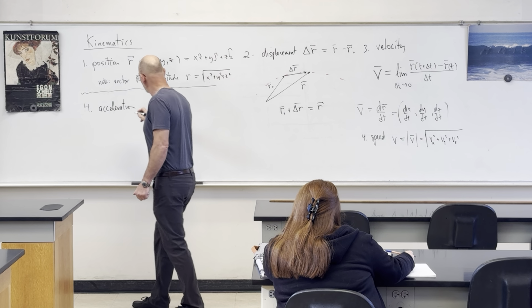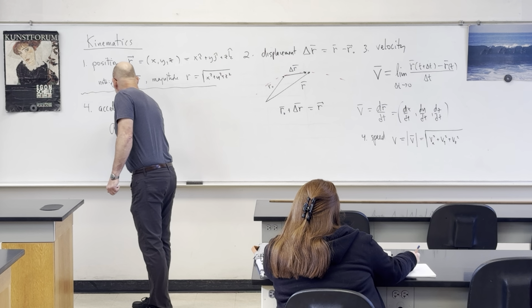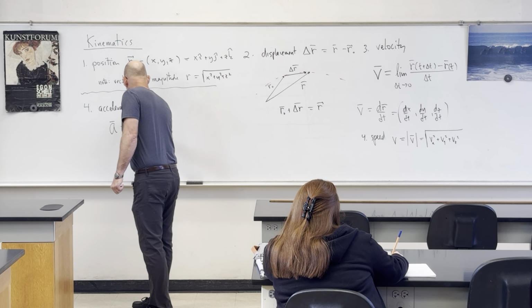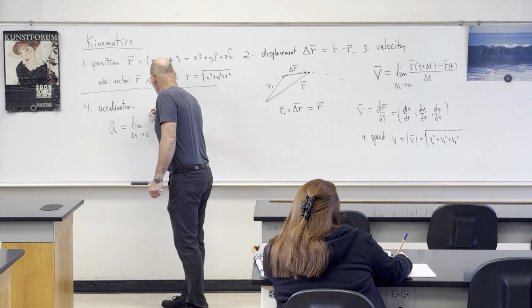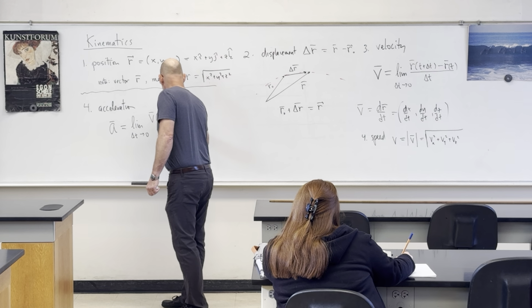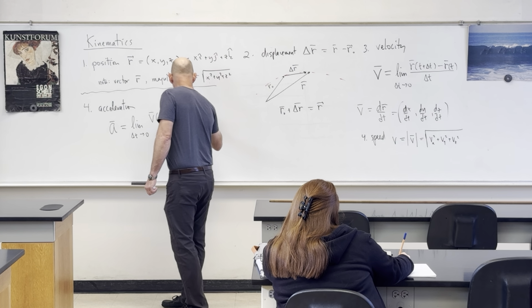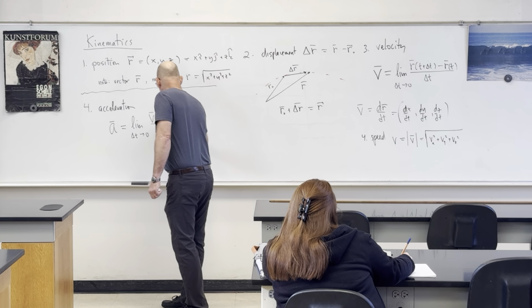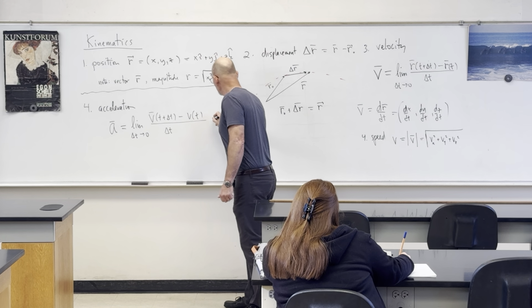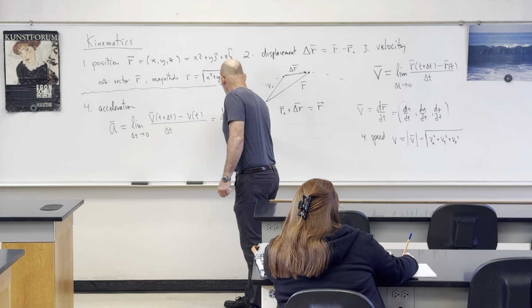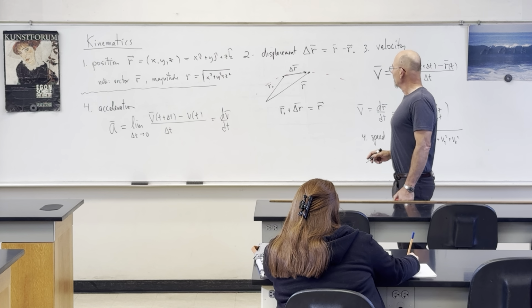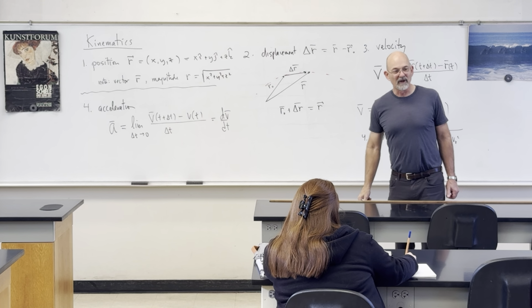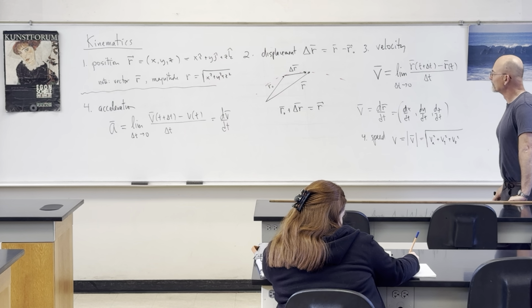And we have, acceleration is the derivative of velocity: v of t plus delta t, minus v of t, over delta t, equals dv/dt. With all the same points about components, if you want to do it with components.